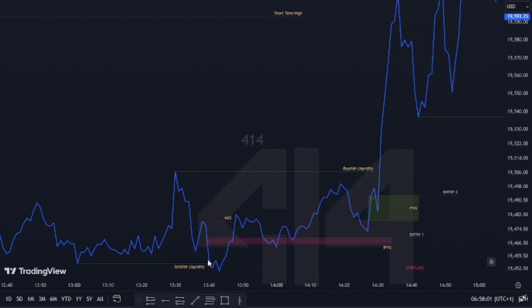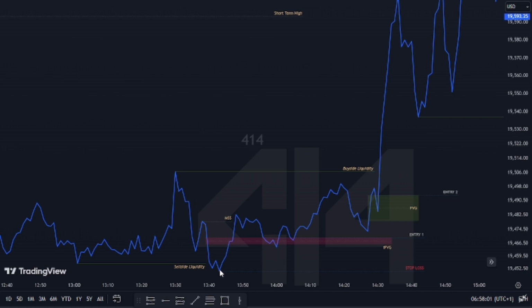We want to see price run below that old low, or sell side liquidity, so that traders who were looking to go short upon breakout will have their sell stops triggered. Also, traders that have been long and have their stop loss here will have their sell stops triggered.